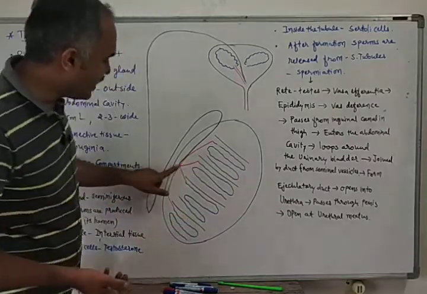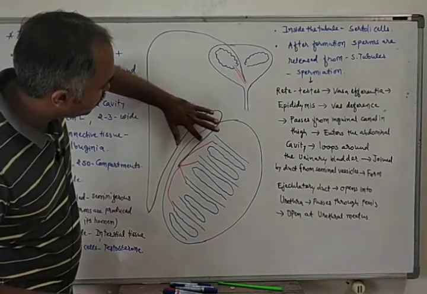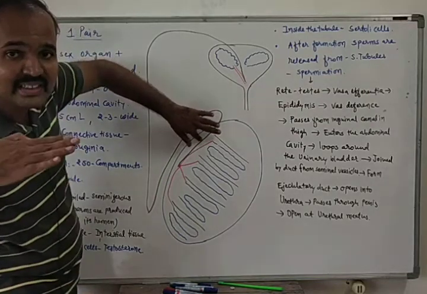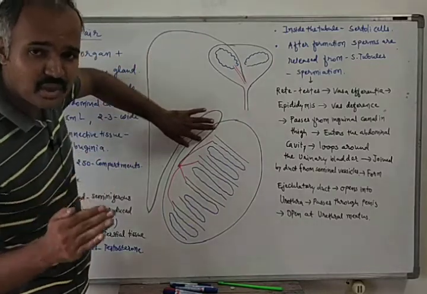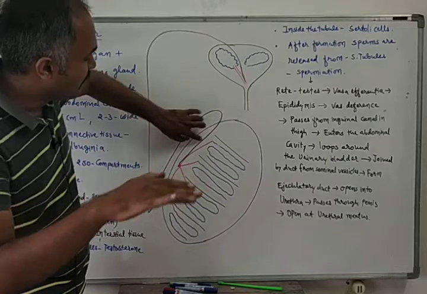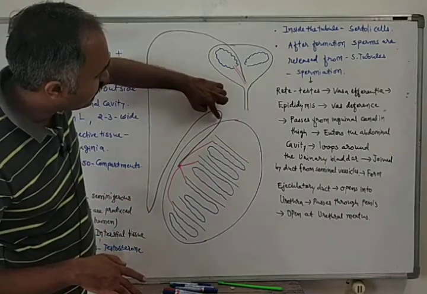From the rete testis, they enter the vasa efferentia. This duct is known as vasa efferentia. Vasa efferentia leaves the rete testis and comes out from the pole of the testis.